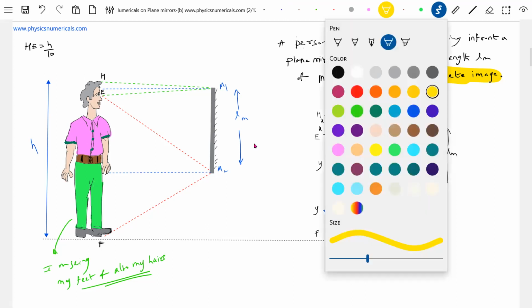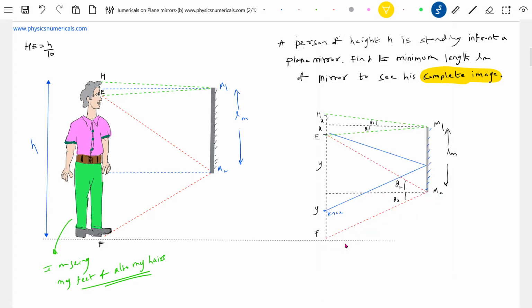Let me take the yellow color line. These are the eyes. Head or ears, anything it can be. Getting the idea?